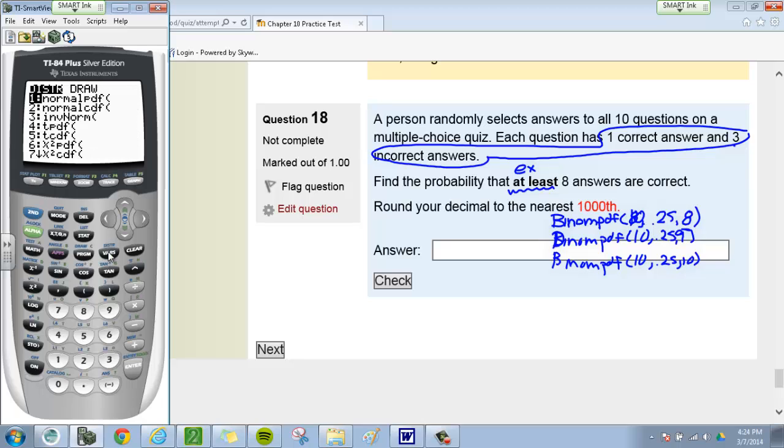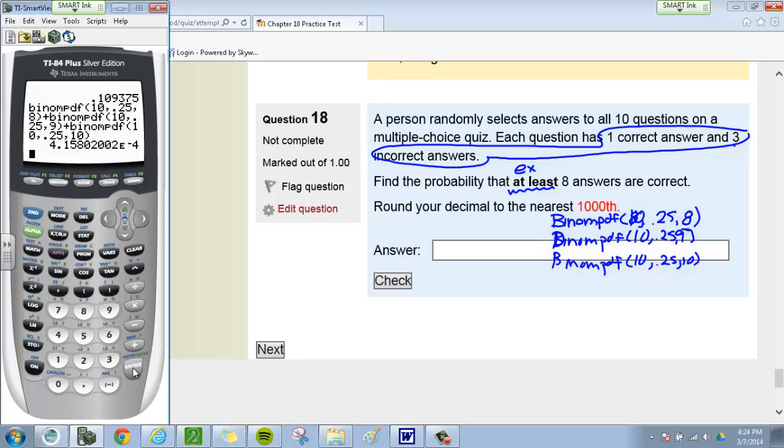So we'll put another one in. binomPDF, and it's still 10, comma 0.25, comma 9, and then we're going to add it to another one. 10, comma 0.25, comma 10. That looks good. I think that's good. So we'll push enter on that.